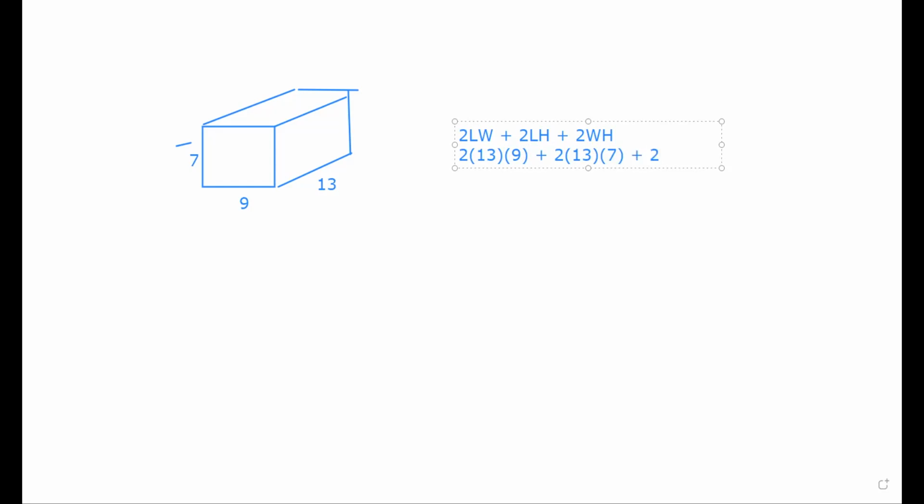Plus 2 times the width times the height. Does it make sense where I got all those numbers? Yeah.